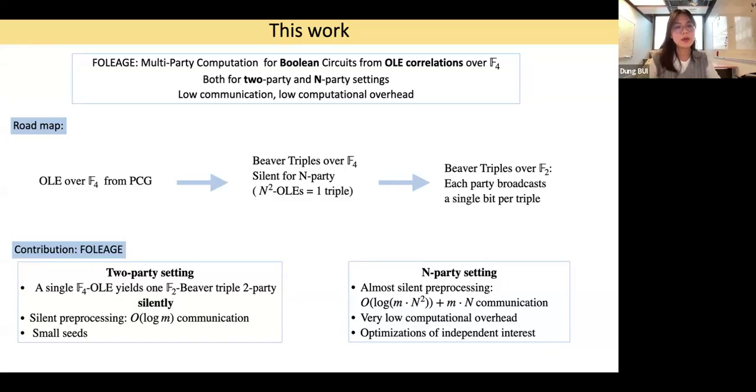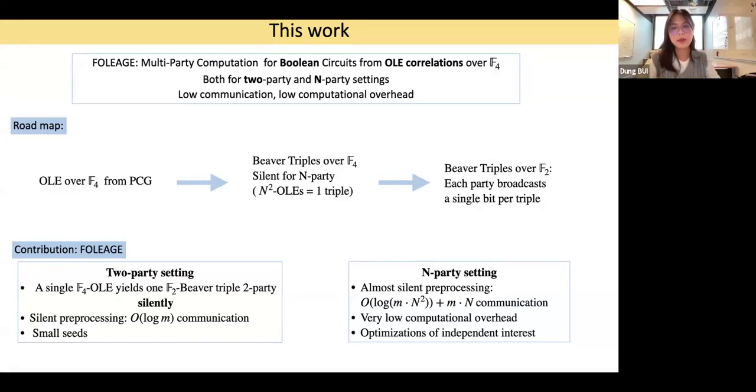Now if you have a single F4 Ealy, you can basically get one F2 pivot triple for two parties silently over F2, and we have a silent preprocessing. It means that you only have a logarithmic communication cost in terms of the number of triples that you want, and we have a small c, thanks to the BCG framework.